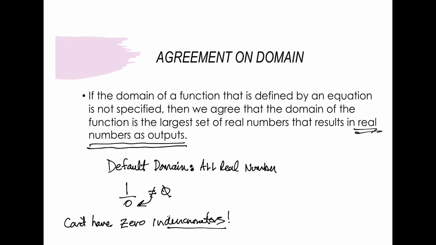The other thing that we don't want to have is square roots where we have some number under there where a is less than 0.